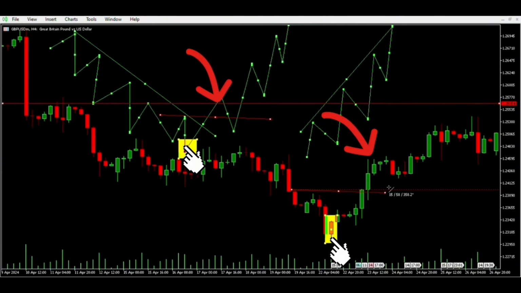It no longer gave us a lower low as it was doing, moving in lower highs and lower lows. But now the structure has changed. That is why we say we have a change of character, because it is no longer giving us lower highs and lower lows, but it is now giving us higher highs and higher lows.